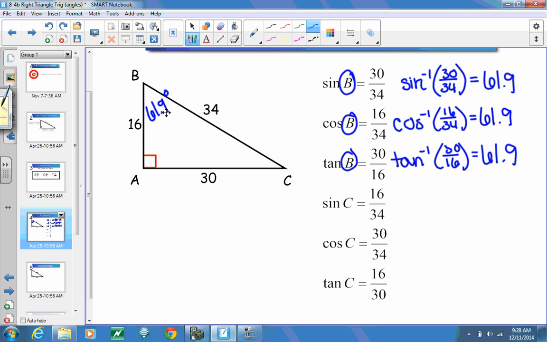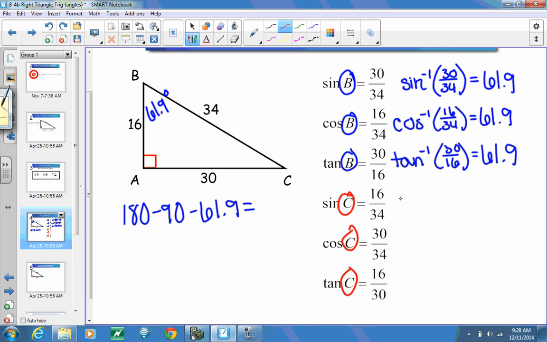Now that I know I've got one angle of 61.9 and one angle of 90 degrees, we can find angle C by taking 180, subtracting 90, and subtracting 61.9. Or we can use our other trig ratios to solve for angle C as well.